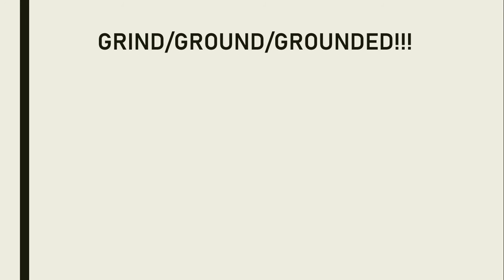One of the errors in our usage of words is in how we use the word grind, ground, or grounded. They mean different things and they can be used in different contexts to communicate differently. Now, starting with grind.